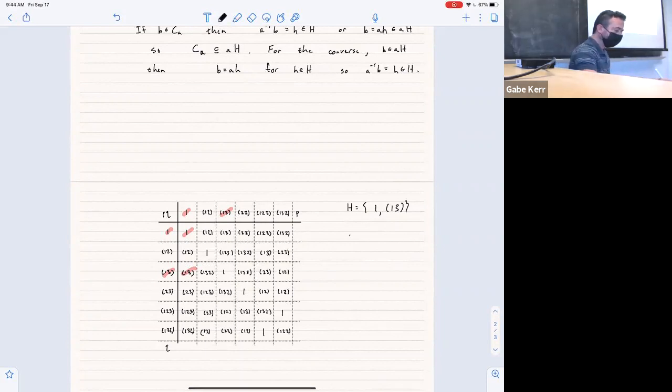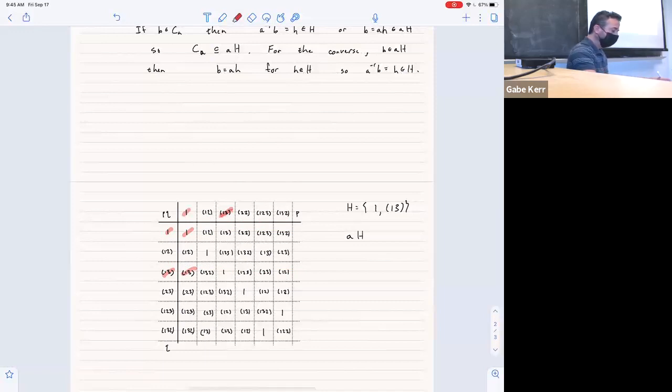I'm looking for things like A times H, which means I pick an A out of one of these guys, and I'll look in these two columns and try to see what I get. That will be my left coset. What else? 1, 3.